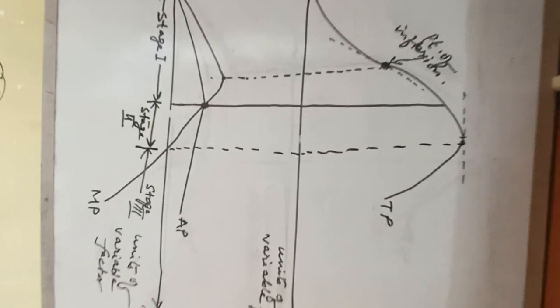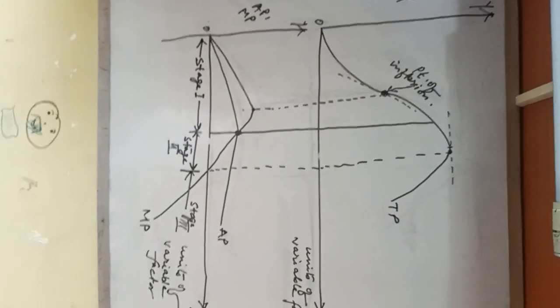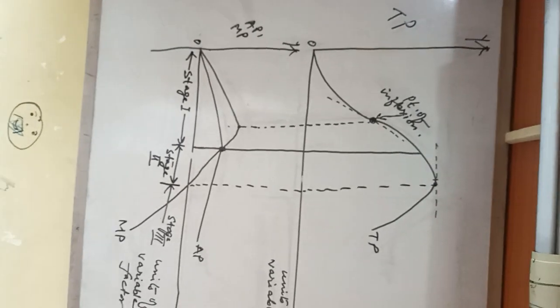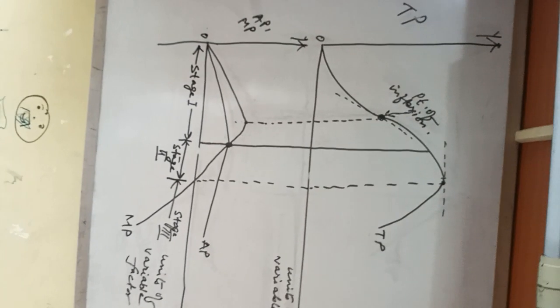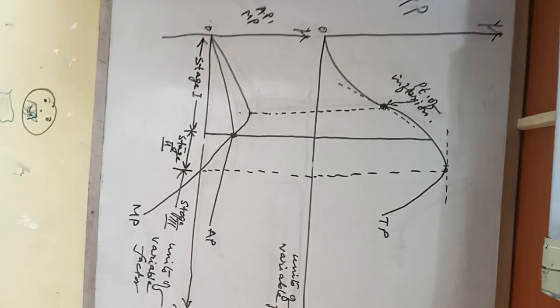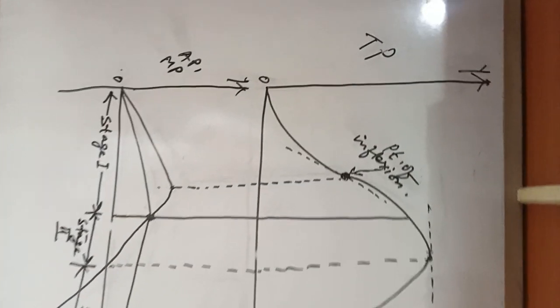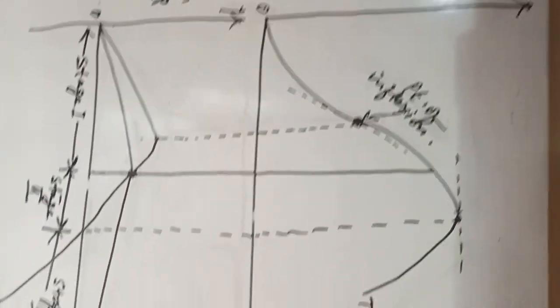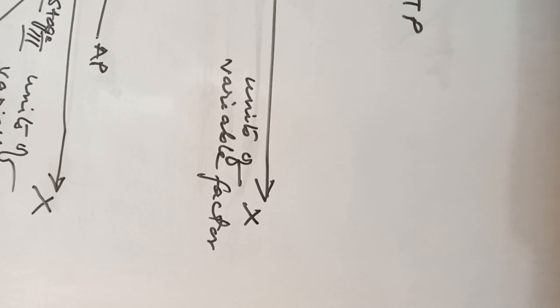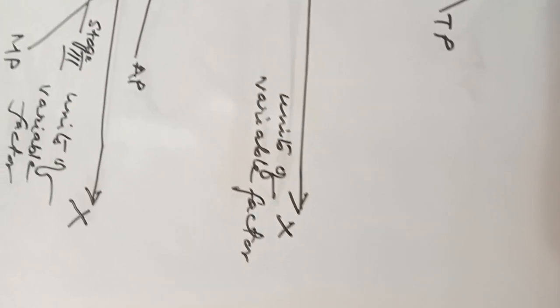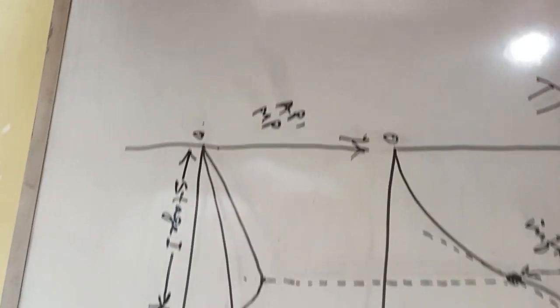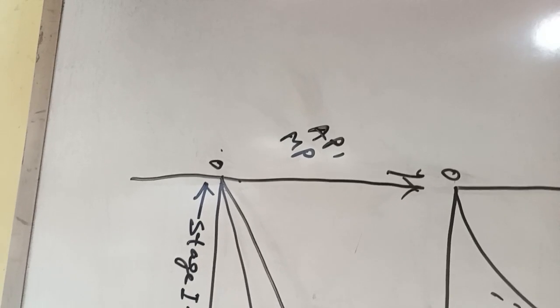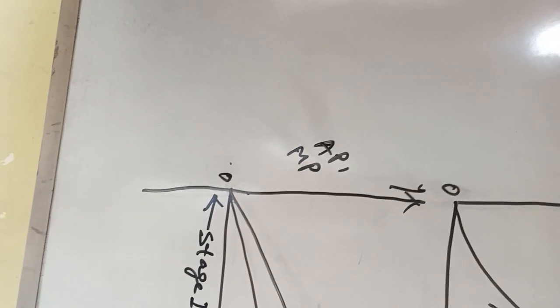Now see this diagram. In this graph, there are two panels. In the upper panel, along the y-axis we measure total product, along the x-axis we measure units of variable factor. Along the y-axis of the lower panel graph, it's AP and MP, average product and marginal product.